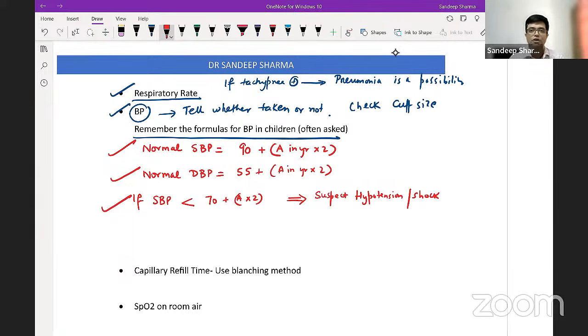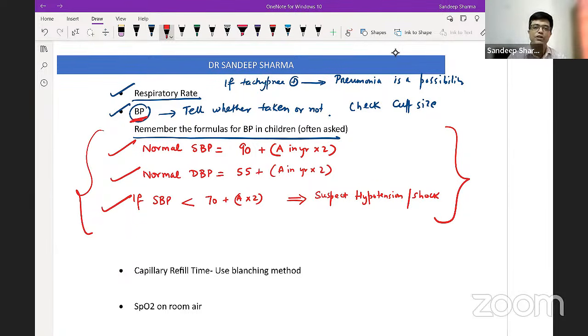Certain universities have the OSCE system, the station system, where a particular thing is kept and there are questions related to this. These are very frequently asked, and will be useful for your clinical case scenarios and MCQs also, if you get difficult questions in INI CET type of exams. So remember these formulas and be honest regarding blood pressure measurement.